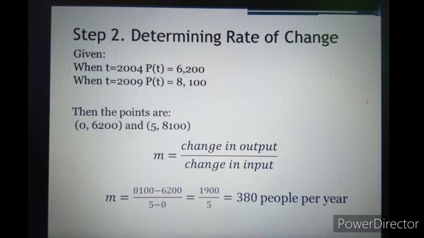Recall, using the formula for the slope, this is (8,100 minus 6,200) over (5 minus 0), which is 1,900 over 5. This is equal to 380. This means that the rate of change is 380 people per year.